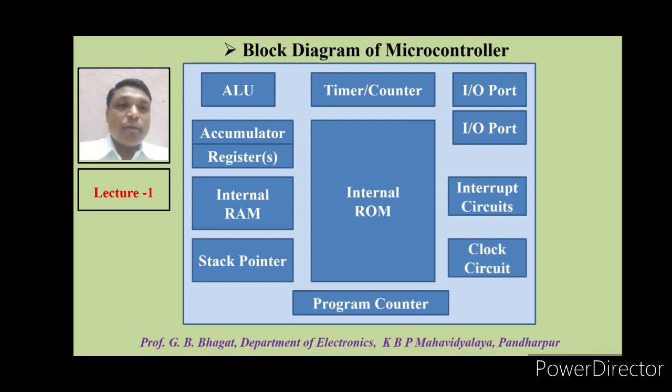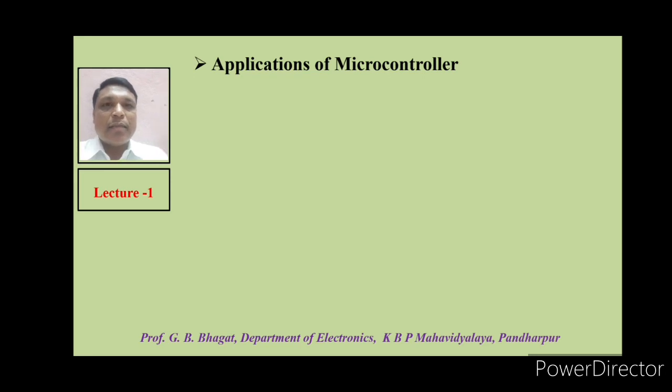Then one of the important blocks of the microcontroller is clock circuit. Here this clock circuit is very useful for this microcontroller, because without clock any microcontroller cannot work. The next, let us see various applications of microcontroller, that is where the microcontrollers are used.